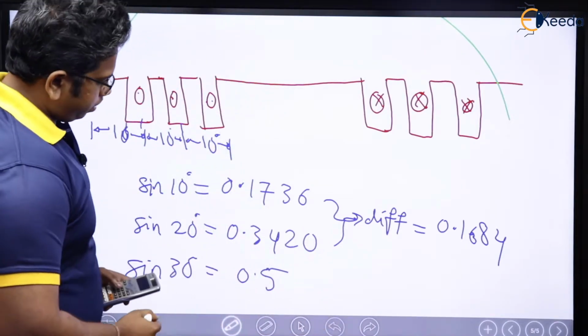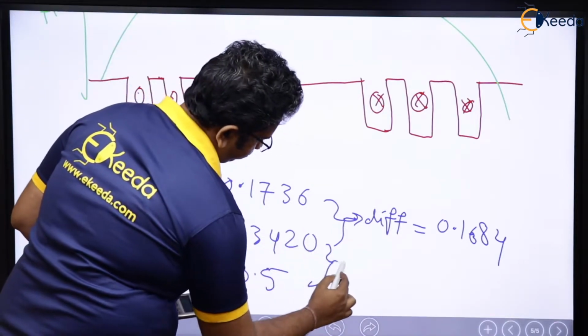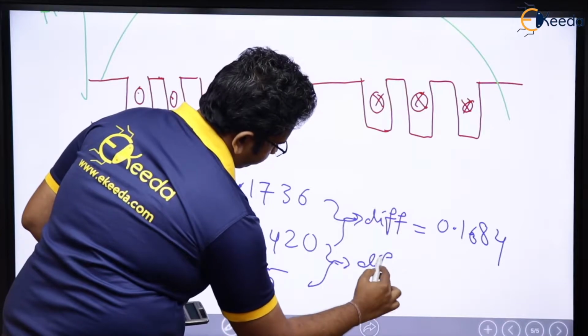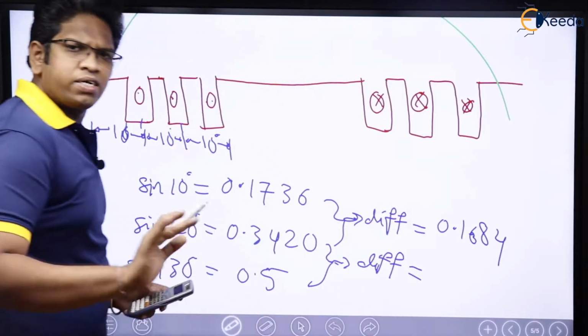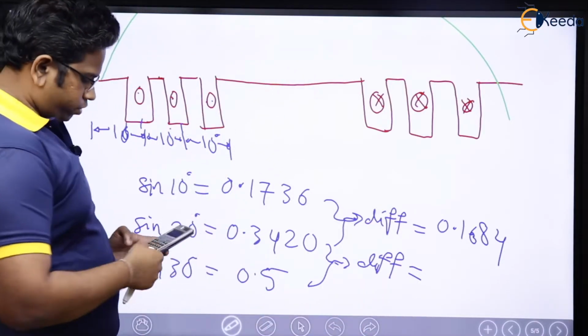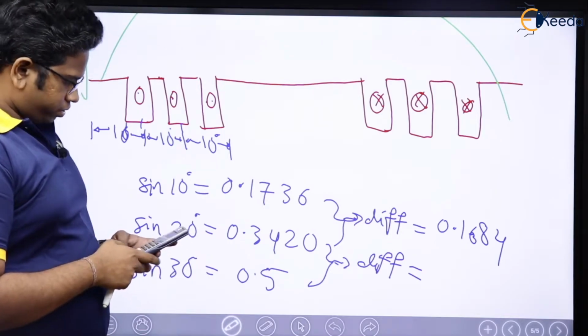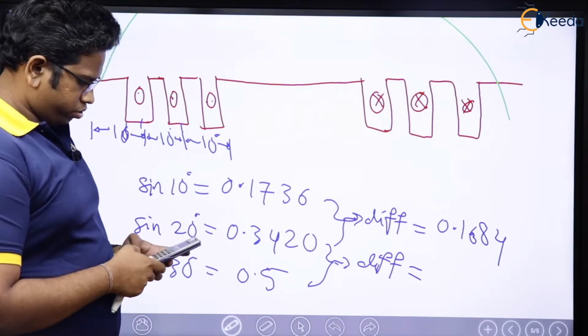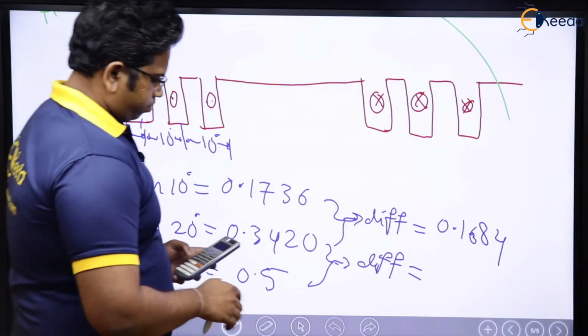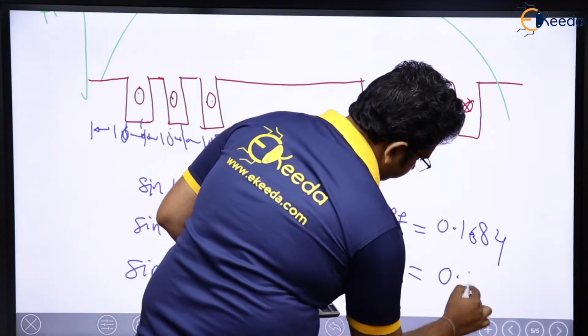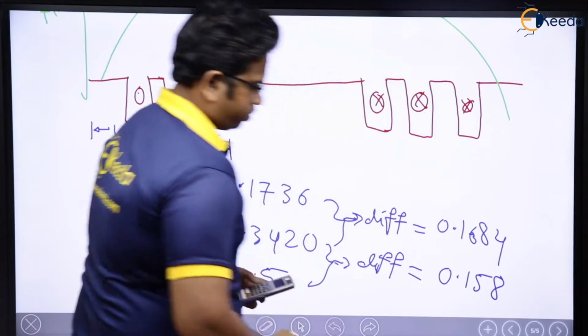Right? And let me consider the difference between these. You will understand everything, don't worry. What is the difference? 0.5 minus 0.3420, which is 0.158.